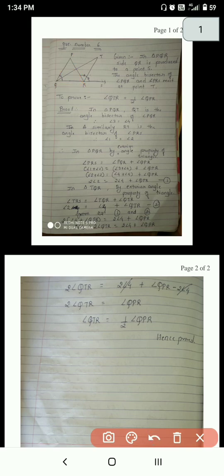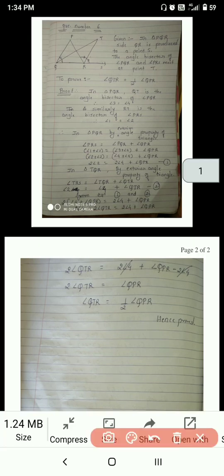Because of that, angle PRS is equal to angle P plus complete angle Q. Here you can see that this angle PRS is formed by angle 1 and 2. So in place of angle PRS, we can write angle 1 plus 2.